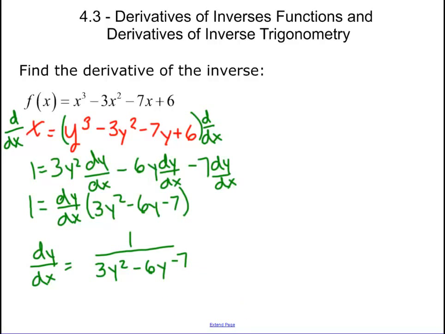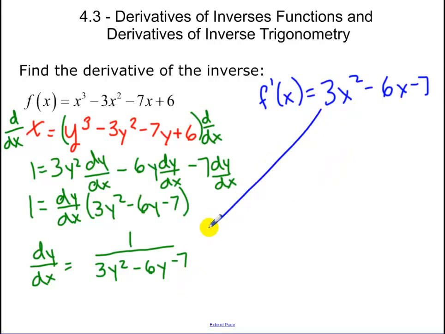Now I want you to notice a few things here. Notice how our derivative is all in terms of y, but also if we were to look at the derivative of the original function, so there's our derivative of the original function.